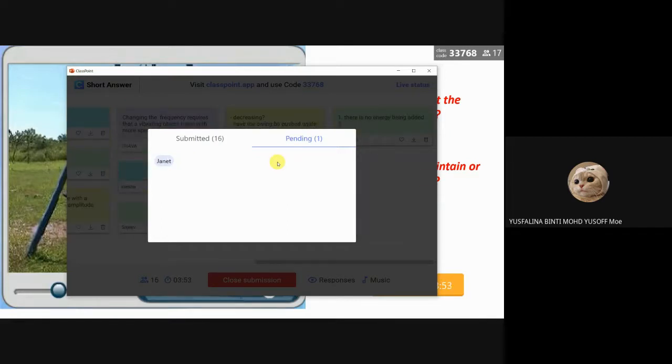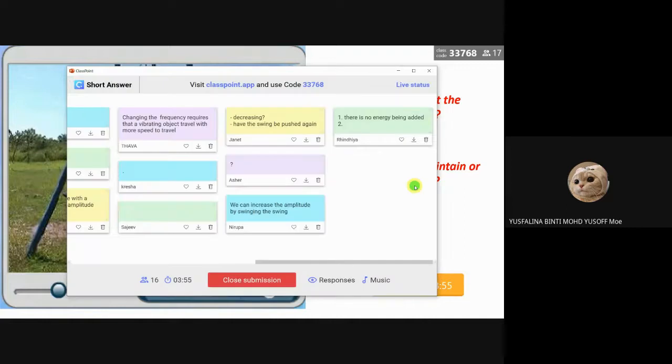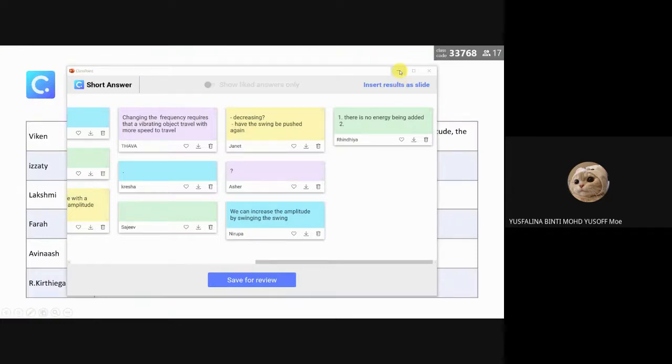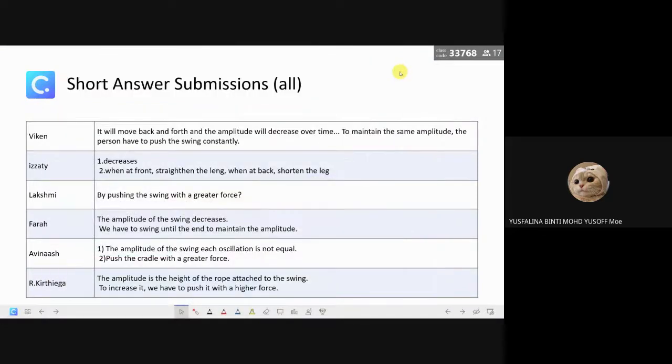Okay, so let's check the answer. Some of you say it will move back and forth and the amplitude will decrease over time. To maintain the same amplitude, the person has to push the swing constantly.